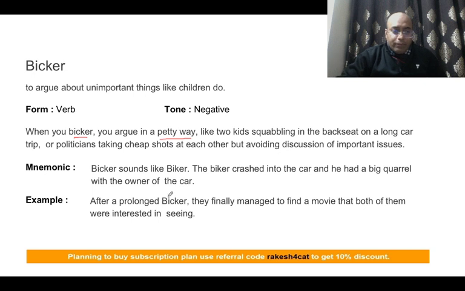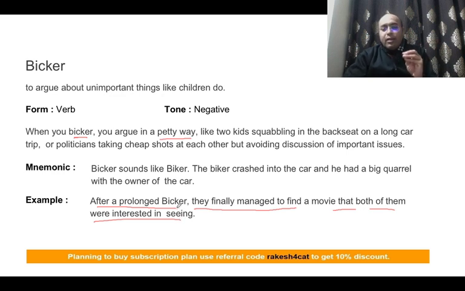There is a sentence which says, after a prolonged bicker, they finally managed to find a movie that both of them were interested in seeing, right? So that means there was a kind of a quarrel that was there. So of course, finalizing which movie to watch would not be something very important, right? So bicker would be a word that could be used here.